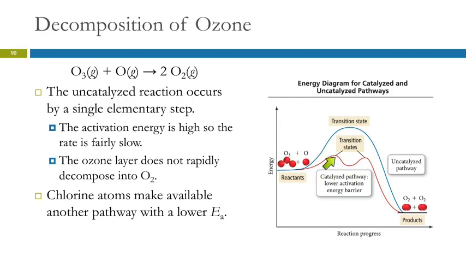This one happens to have two transition states, but they each have activation energies that are much lower than the uncatalyzed reaction. The rate constant is equal to the frequency factor times e raised to the negative Ea over RT, the Arrhenius equation. If you make the activation energy smaller, then the rate constant gets larger, the reaction's faster.